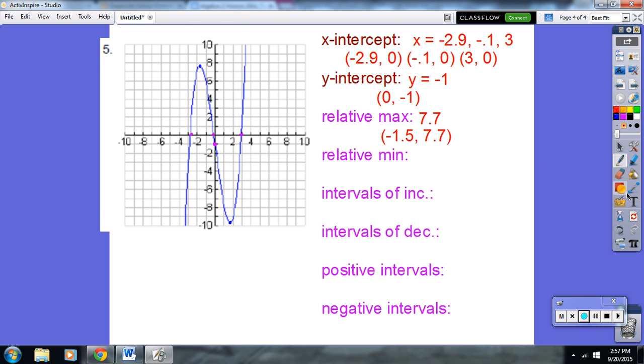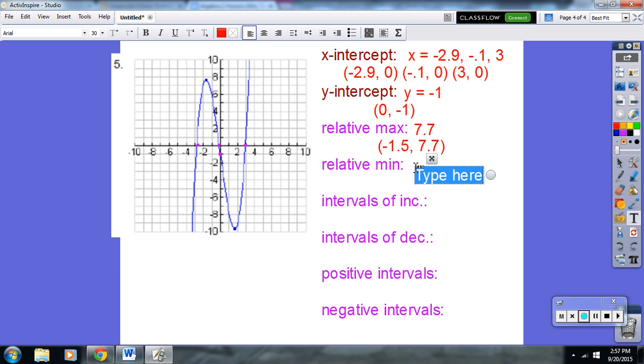If I asked you for the minimum, it would be the y value, which is negative 9.5. But if you wanted to give the coordinates, that's fine too. The x value there, I would say 1.5. So 1.5, negative 9.5 are the coordinates of your relative minimum.